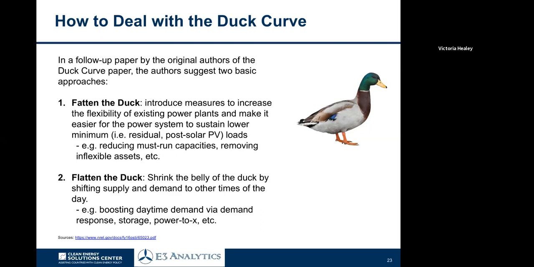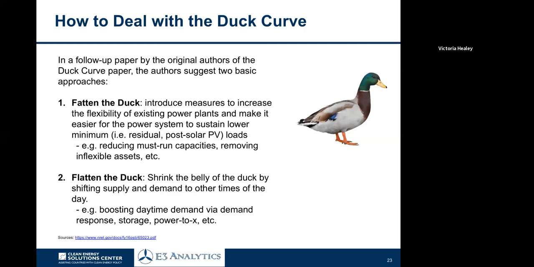A second flank of approach is to flatten the duck, as they put it, to shrink the belly of the duck by shifting supply and demand to other times of the day. In other words, take power demand that would be there in the evening and move it into the daytime hours.